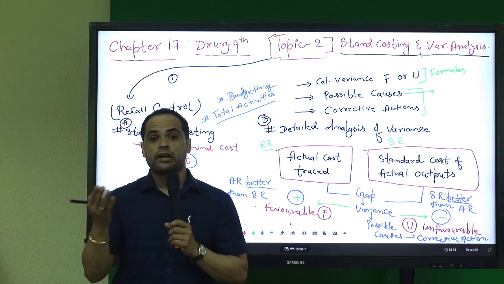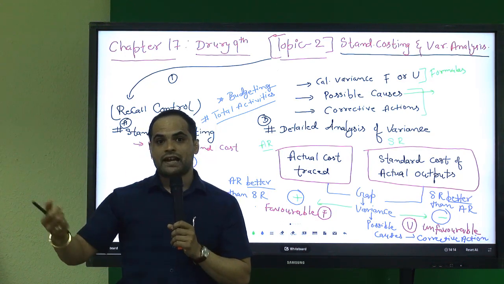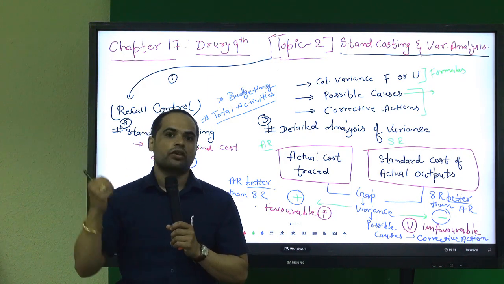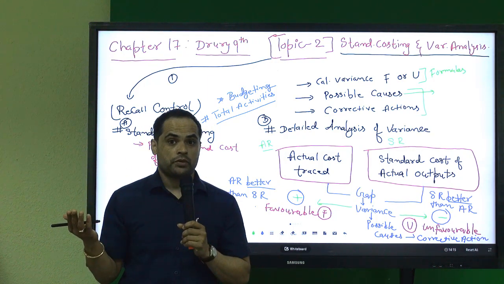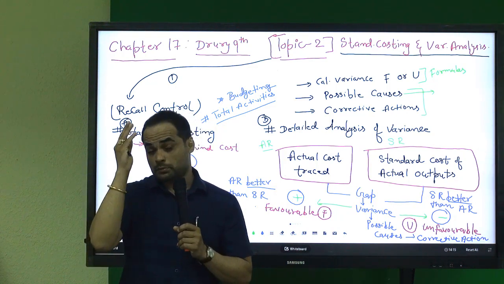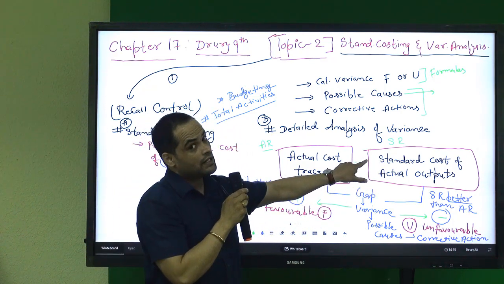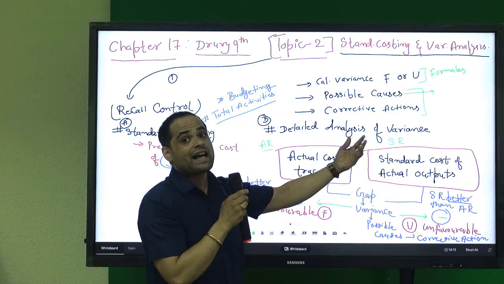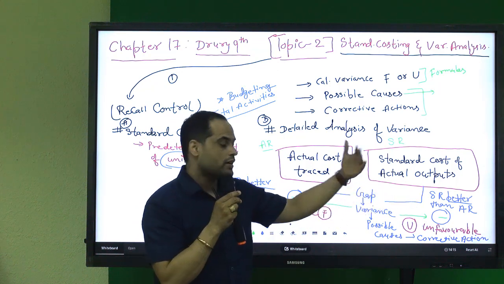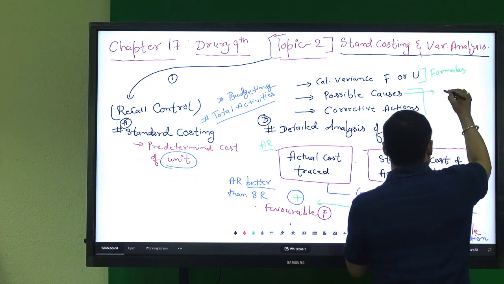The country's labor law has been revised by the government, and the government announced that every worker must earn at least $17 or $18 per hour. So obviously you have to increase your labor rate. But at the time you were making your standard, you had no idea that the government was going to revise the labor law. That kind of thing is called possible causes. That is more discussion based.